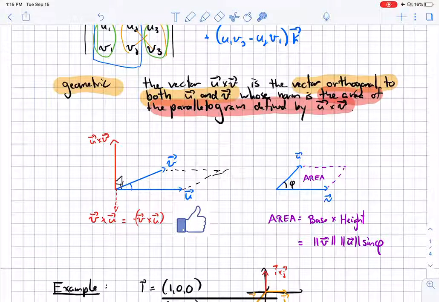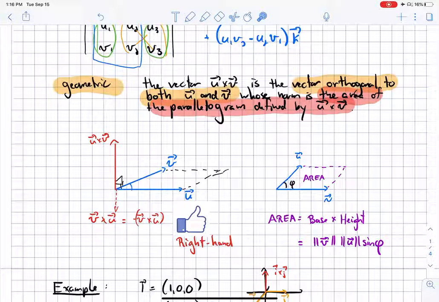Well, this is where you use the right hand. So it has to be your right hand. The rule of thumb, but with your right hand. So you point your fingers with your right hand in the direction of u, then you turn your fingers towards v, and then wherever your thumb is pointing, this is where u cross v is pointing. If the fingers point this way, and then I turn them towards v, the thumb's going to point this way.